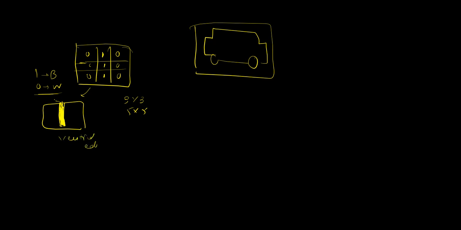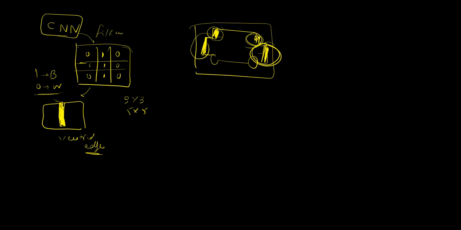Now, what does this filter have to do with the CNN? And why did the CNN make this filter matrix? It made this because it wanted to detect the vertical edges in the image. Where are the vertical edges in the image? Here, here, here, and here. Four vertical edges. And these four vertical edges are actually the windows.